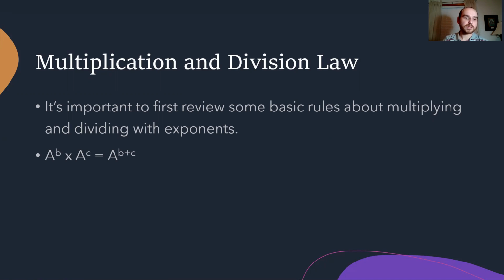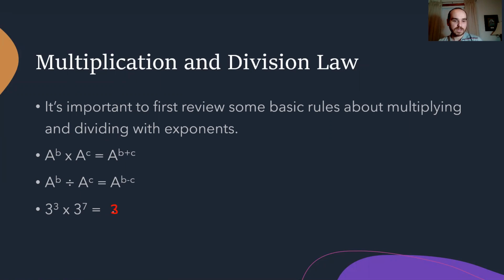So first of all, the multiplication rule. a to the b times a to the c equals a to the b plus c. Basically, if you have the same base and you're multiplying powers, you just add the two exponents together. That one's pretty simple. a to the b divided by a to the c equals a to the b minus c. If you have the same base and you're dividing two things of different powers, you just subtract the powers. So for instance, we have 3 cubed times 3 to the 7th.